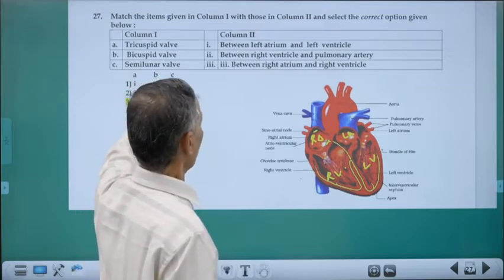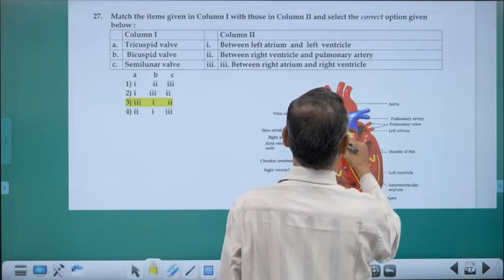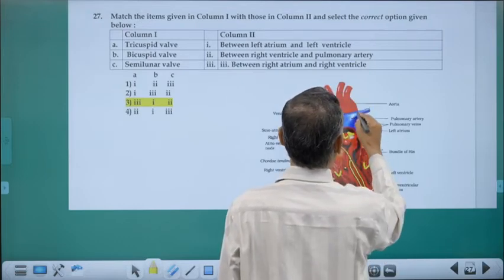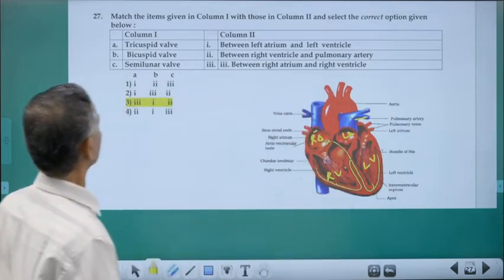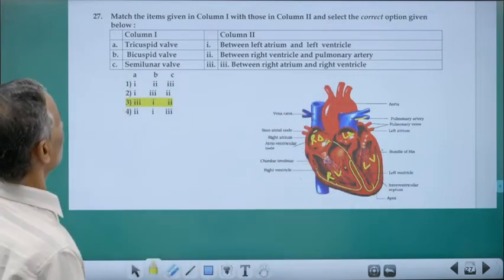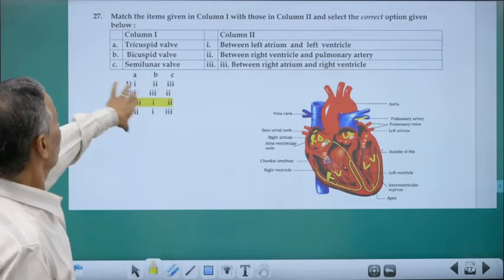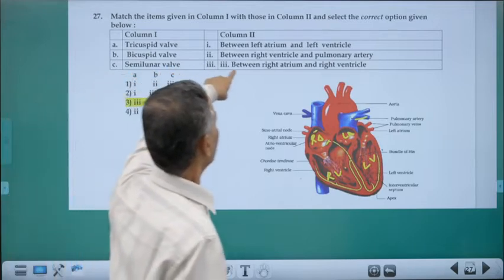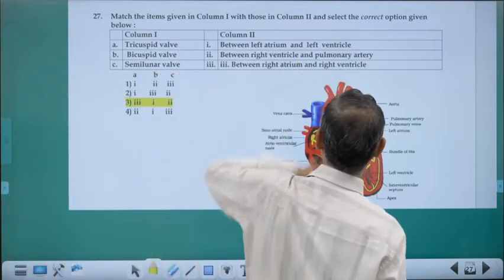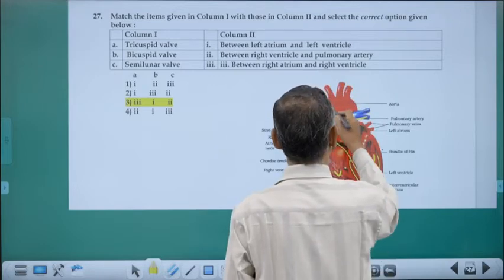And semilunar valves are at the beginning of the aorta and pulmonary arteries. So the tricuspid valve is between the right atrium and right ventricle, bicuspid between the left ones, and semilunar valves are between the right ventricle and the pulmonary artery. So semilunar valves are present at the beginning of these arteries.